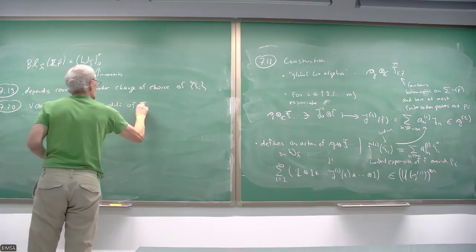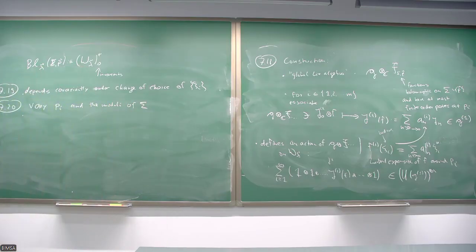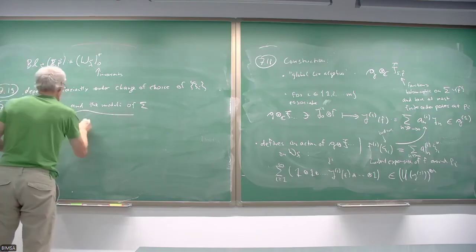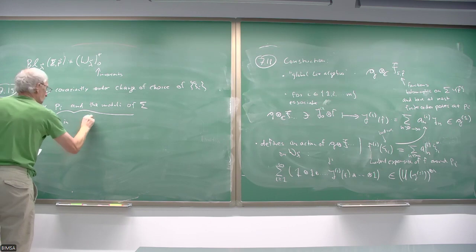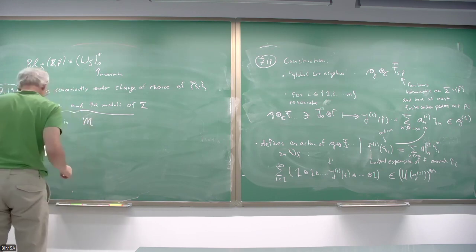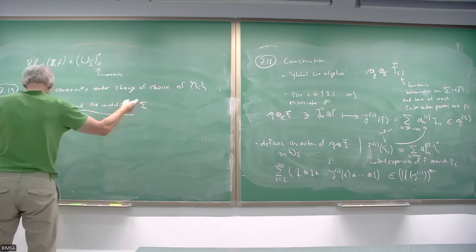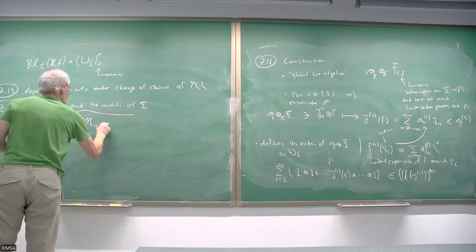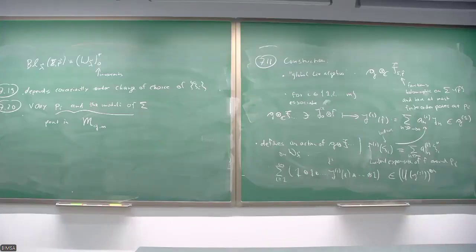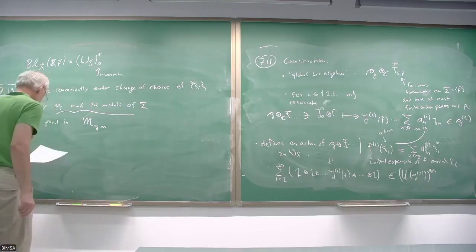moduli, the shape of sigma. And these actually correspond to a point in the moduli space of complex curves of a given genus and a given number m of pairwise distinct points on it.